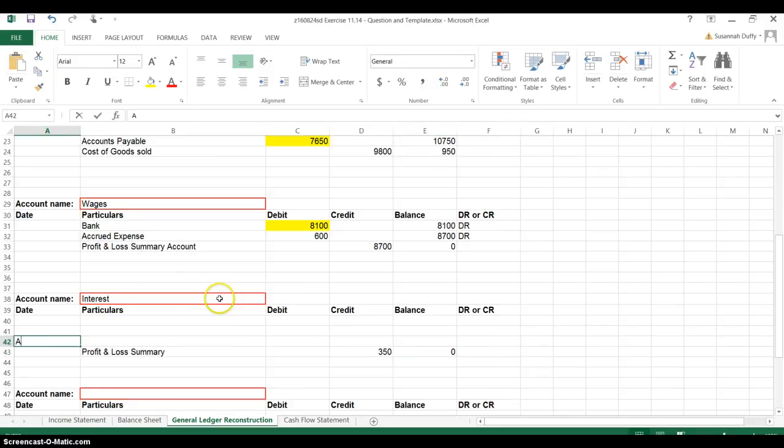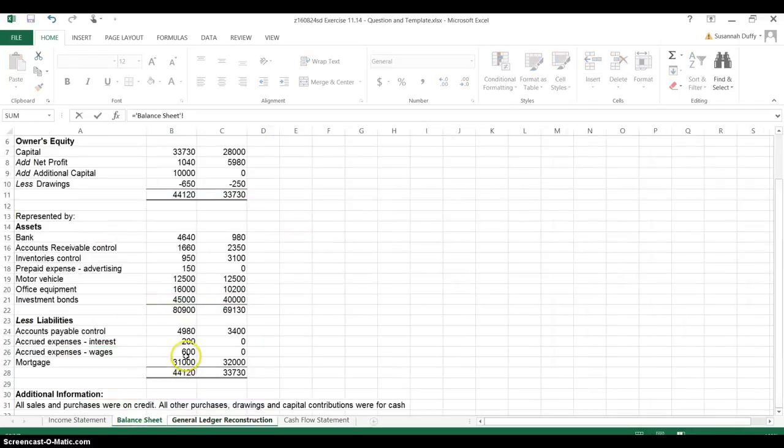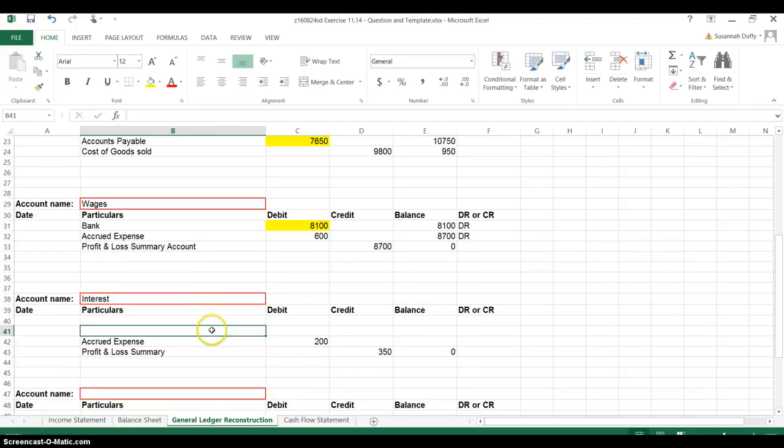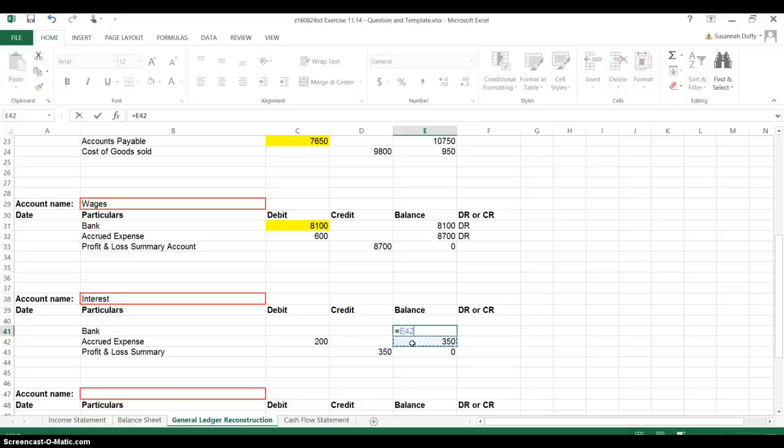We know what the accrued expense was. Because that's sitting straight on the balance sheet, we can record that there, $200, which can give us an indication of what the bank was originally. So this would have been 350, and then our balance would be that minus that, 200.